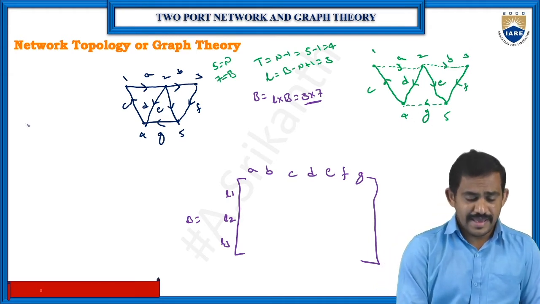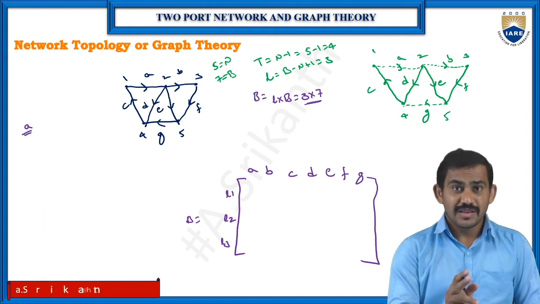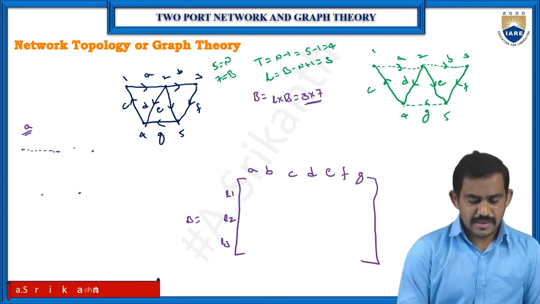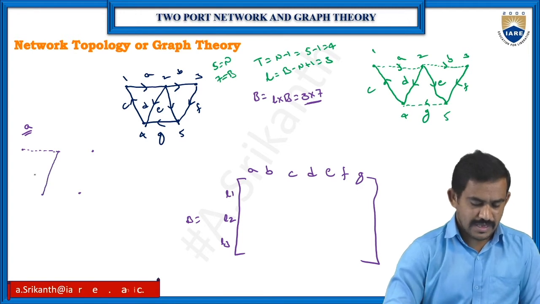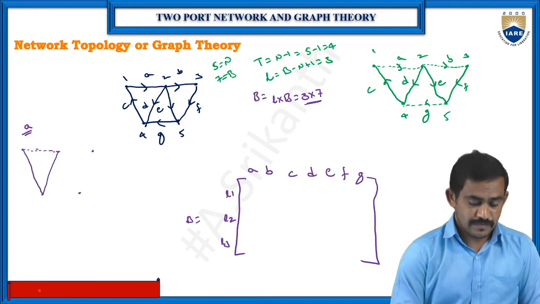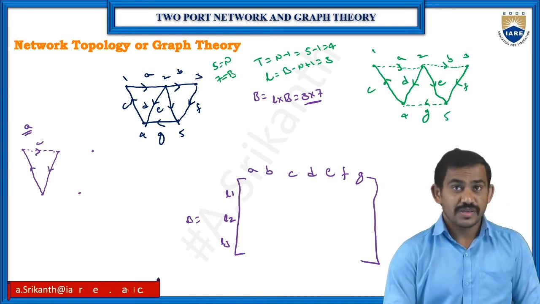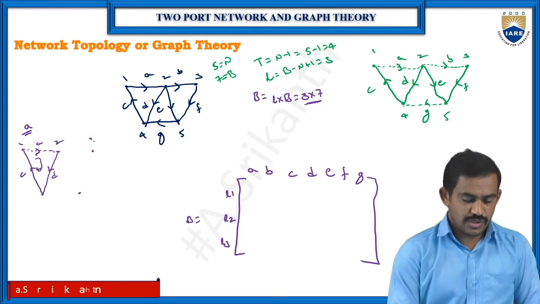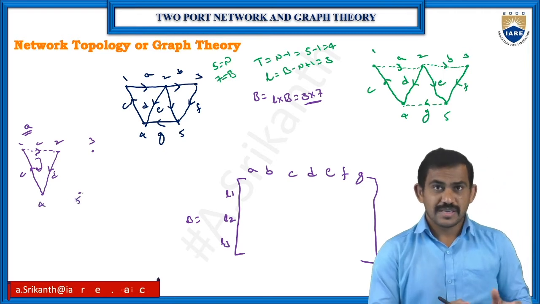So for A, I want to draw the graph now. Just observe, nodes 1, 2, 3, 4, 5. This is my A branch loop. A is my co-tree and this is my loop, along with C and D. Now observe clearly.